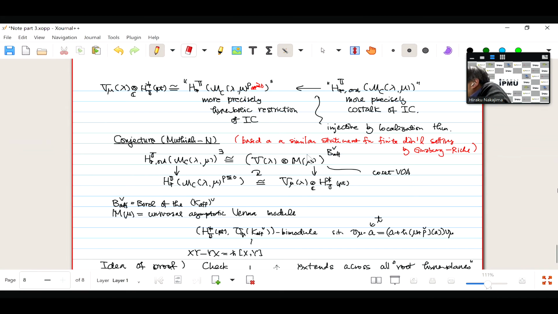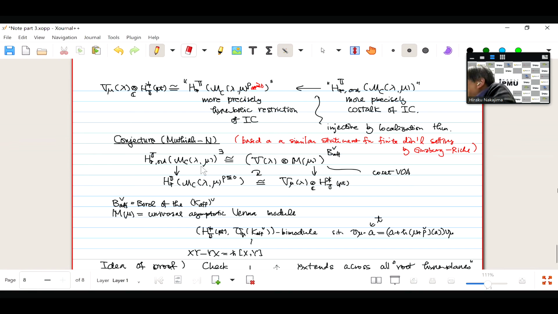So what is the representation theoretic characterization? We take this integrable representation V lambda and tensor it with the so-called universal asymptotic Verma module. So this is mu.